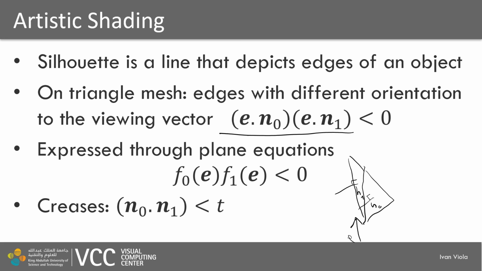And when will such a multiplication of two cosines be smaller than 0? Well, when one triangle has a different orientation with respect to the viewing direction than the other triangle. So let's have a look at what we mean by that.